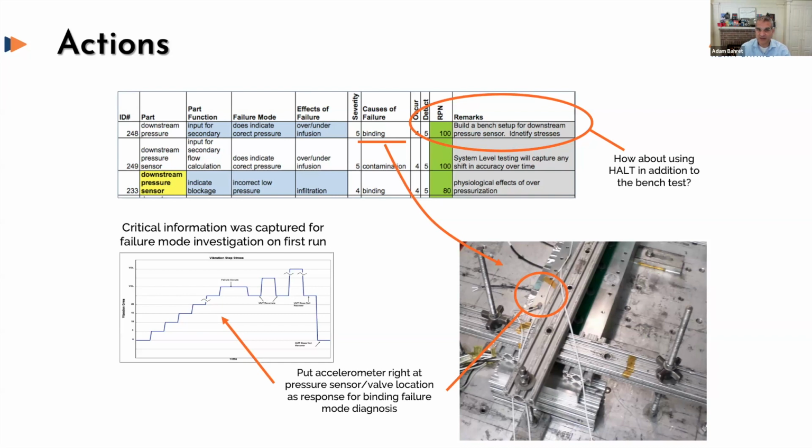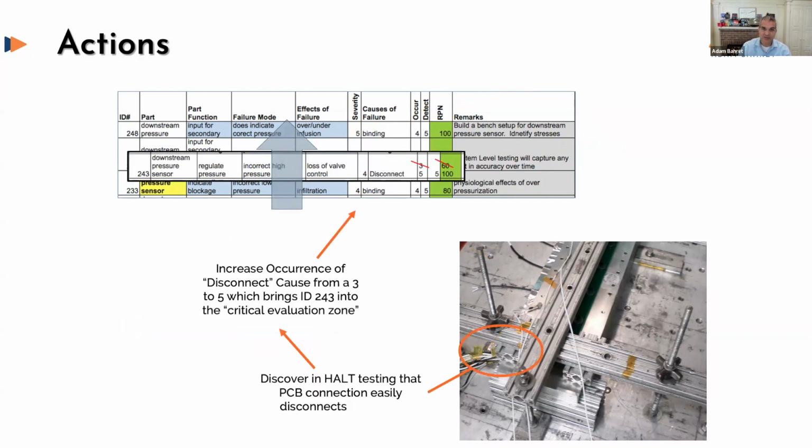So with the accelerometers, we're able to monitor the binding and what could happen with the sensors, which allowed us to come up with a solution that changed the scoring. And in doing so, changed the rankings right away in the process, and we're able to then evaluate it again. So a closed loop mindset, that Kaizen idea.